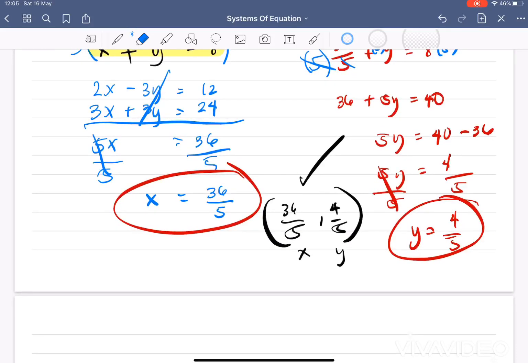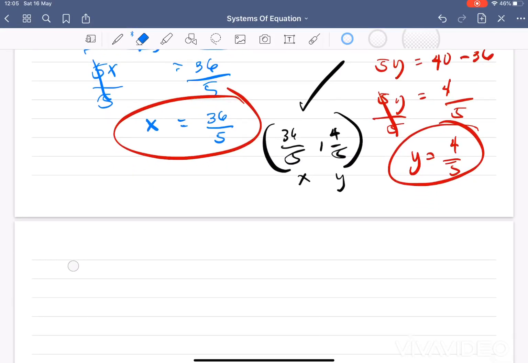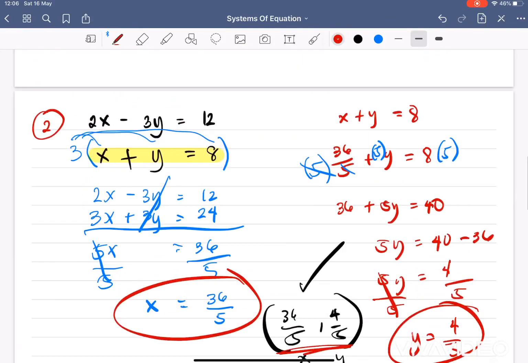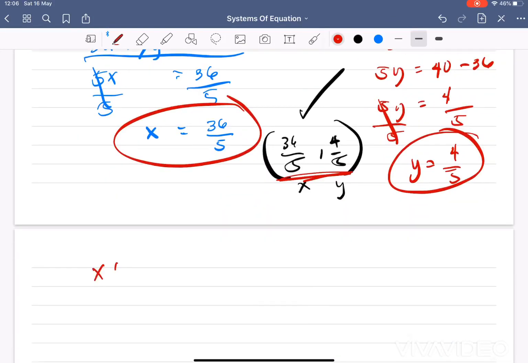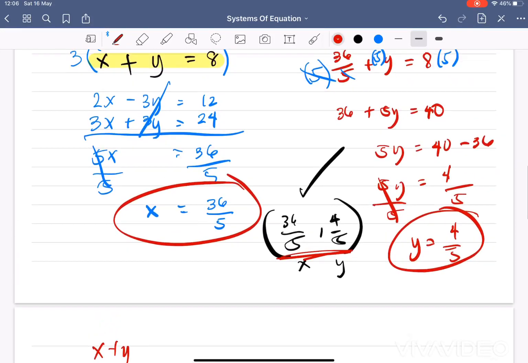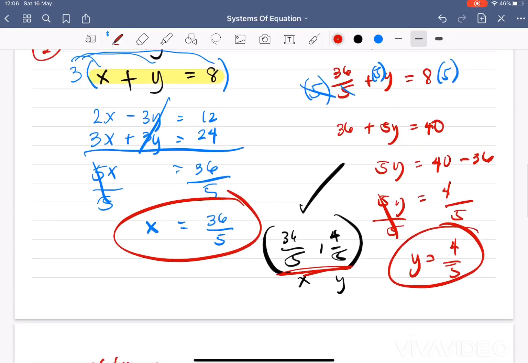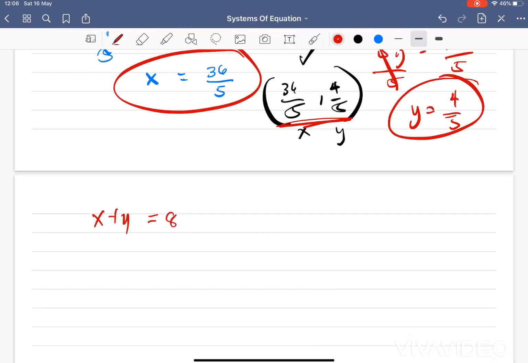Now we have the values of x and y, and let us check whether this ordered pair will satisfy the given equation. Let's choose equation number 2, for example. So we have x plus y is equal to 8. We will replace x with our value here, so we have 36 over 5 plus our y, which is 4 over 5, is equal to 8.